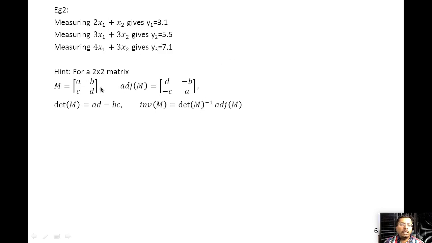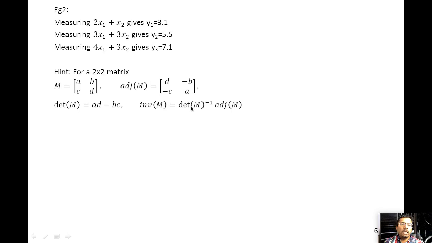So we wanted to calculate the inverse. So we calculate the adjoint. The adjoint is just made by swapping the diagonal elements and then reversing the signs of the off diagonal elements. So we get D, minus B, minus C, A. So that's the adjoint. And the determinant is the product of these two minus the product of these two, so that becomes AD minus BC.